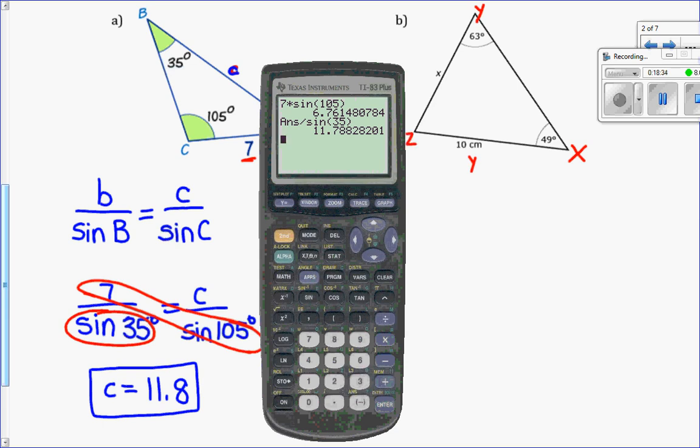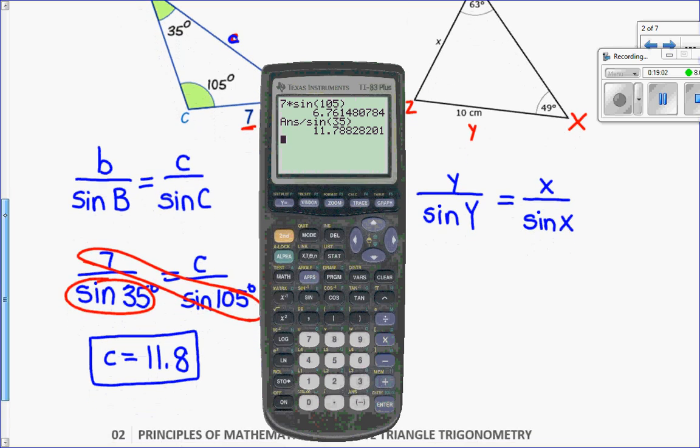Okay, so the pieces of information that we have where we have one angle measure and one side length across from each other are Y. So we're going to do side Y divided by sine of Y equals, and the other one we need to figure out is our X. So we've got side X over sine of X. Okay, let's fill in what we know to be true.